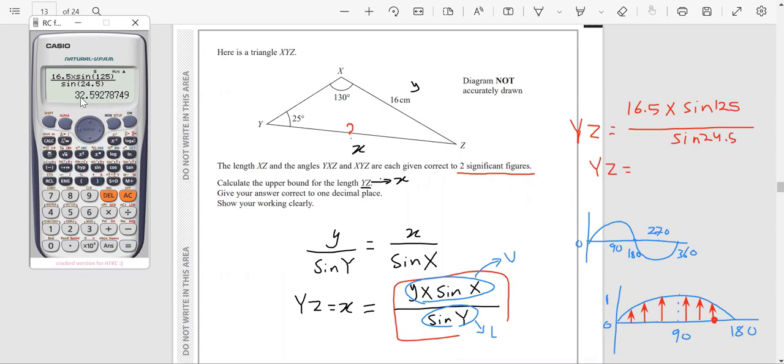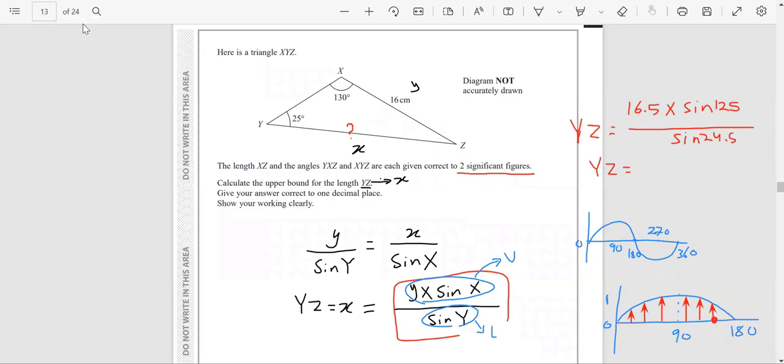It gives 32.59, and we need to find the answer to 1 decimal place, so it will be 32.6. This is the final answer for the side length, 32.6 centimeters. If you didn't know this very well, unfortunately you will solve this question incorrectly.